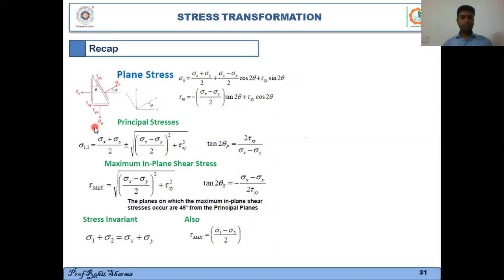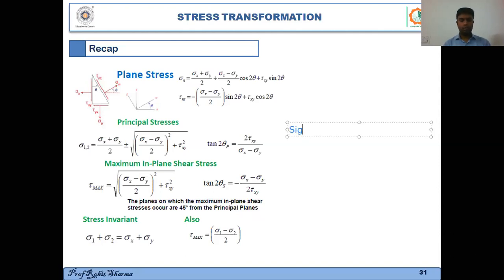So the maximum normal stress and the minimum normal stress come out to be like this: sigma 1, sigma 2. Sigma 1 over here is called the maximum normal stress, right?